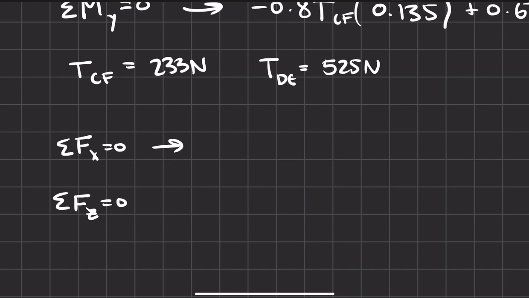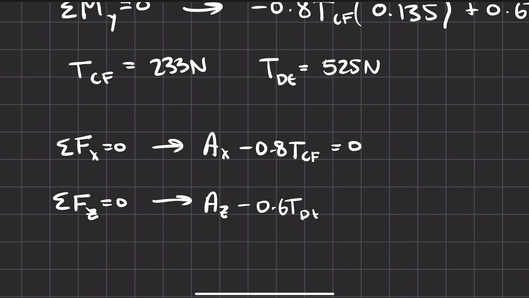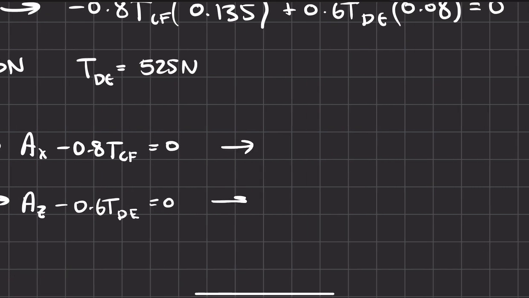For our x equation, we'll get Ax minus 0.8 TCF equal to 0, and we'll get Az minus 0.6 TDE is equal to 0. And we know the tensions now, so we can just go ahead and solve for Ax and Az. Ax is equal to 187 newtons, and Az is equal to 315 newtons.